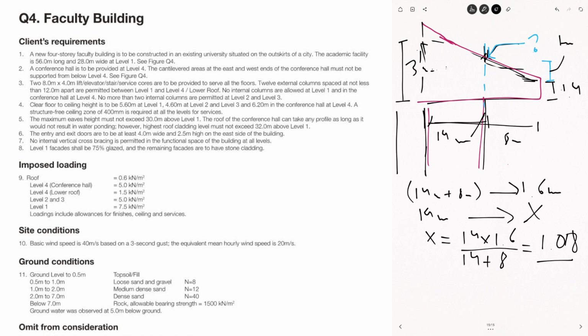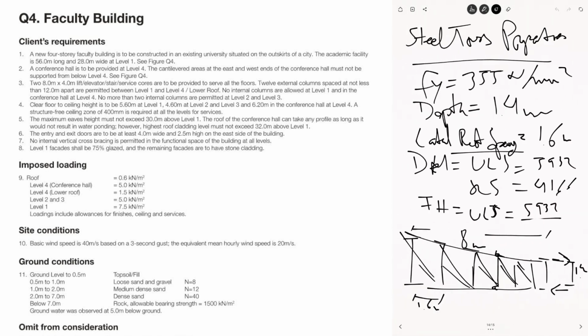So this value is about 1 meter. So that means that the depth, or the height, let's call it, of my truss at that point is 2.4 meters. So if I come back here, this is 2.4, and my force is actually 5932 divided by 2.4. So my horizontal force is 2,472.